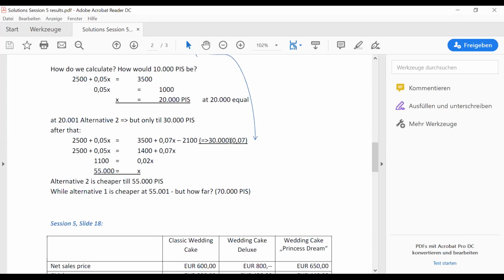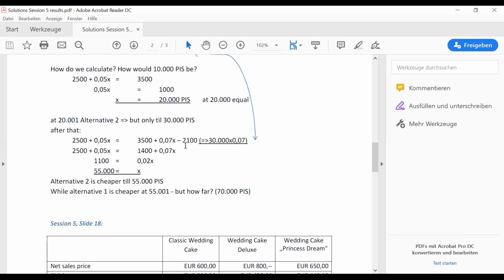So 30,000 patient information sheets times 7 cents equals 2,100 euros. So whatever X is, it must be at least more than 2,100 euros.